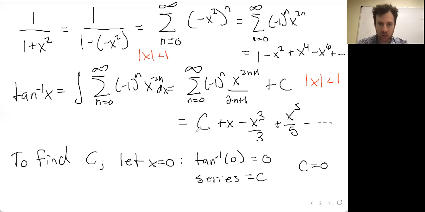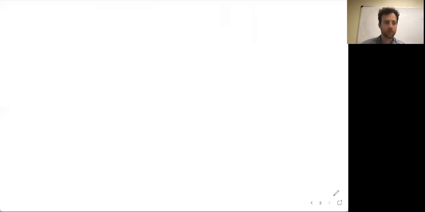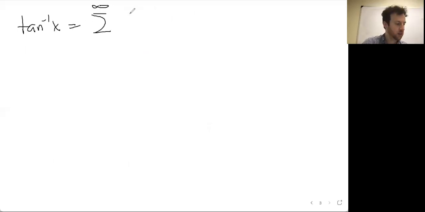The series is really x minus x cubed over 3, and so on. So we have that inverse tangent of x equals our series, the sum of -1 to the n, x to the 2n plus 1 over 2n plus 1.